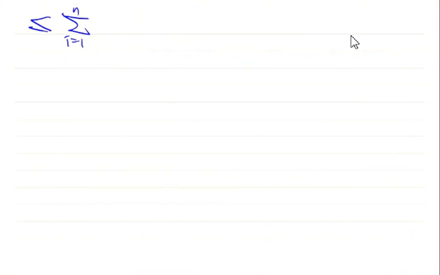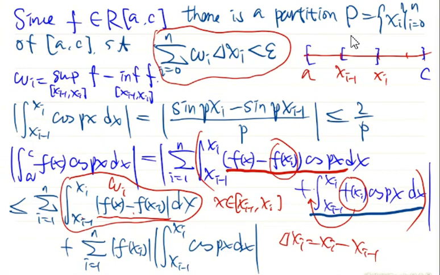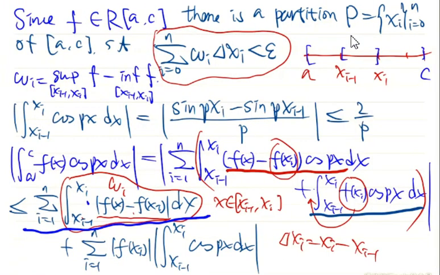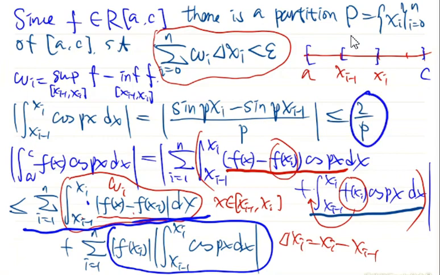So we have omega_i delta x_i for the first term, because the integrand is controlled by omega_i. Therefore, the first term is controlled by this oscillation area. For the second term, the absolute value of the integral of cosine px will not be greater than 2 over p, as we estimated before.